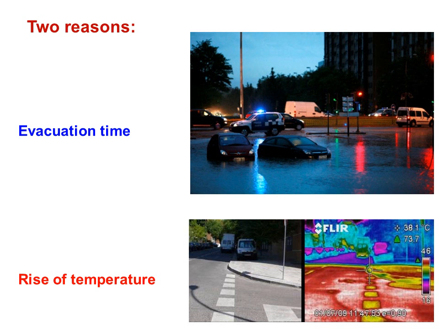Two reasons to justify SUDS: the evacuation time. This slide is very representative of the problem, and the rise of temperature, of the heat island effect that we have already mentioned.